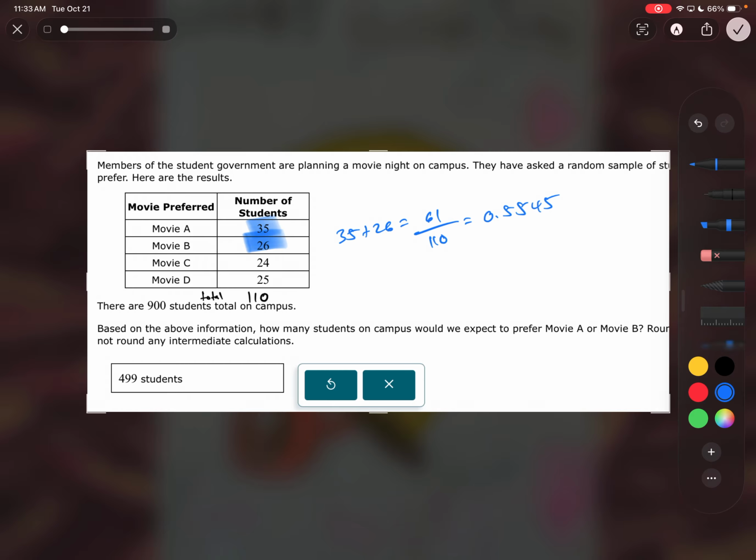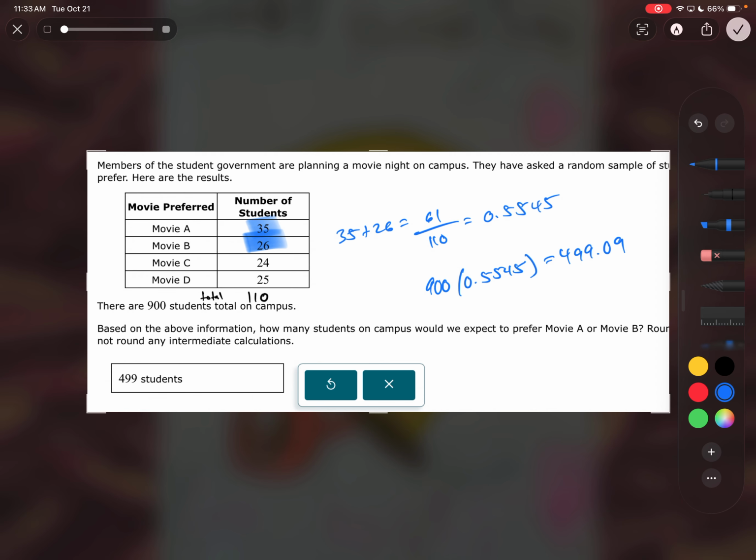But we're trying to figure out if we had a different campus of 900 students, how many are going to like movie A or movie B. So this is what we do in stats. So we do a small sample, and then we use that number to project forward. So if there's 900 on this other campus, we know about 55% of them are going to like one of those movies. We could take 900 times that number and you get about 499.09.